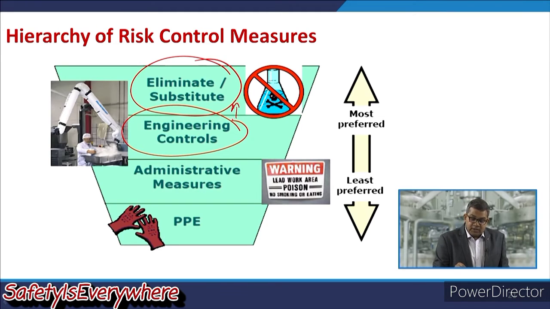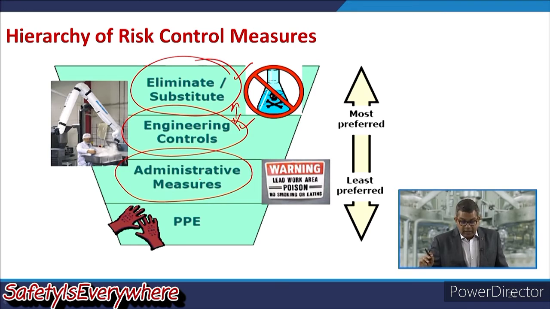Since these two are supplemented, you must implement all these things, so you must have administrative measures. Apart from these administrative measures, you must have administrative willingness to adopt all these types of protocols. You may have personal protective equipment or gear, etc.